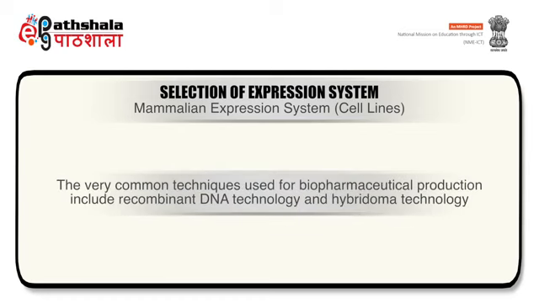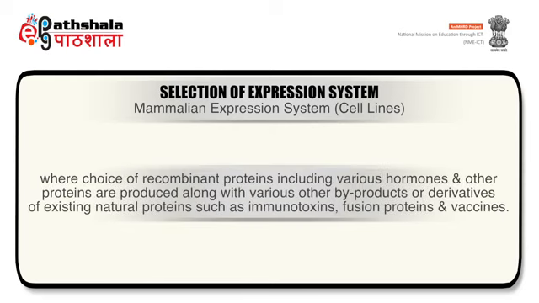The very common techniques used for biopharmaceutical production includes recombinant DNA technology and hybridoma technology, where choice of recombinant proteins including various hormones and other proteins are produced along with various other byproducts or derivatives of existing natural proteins such as immunotoxins, fusion proteins and vaccines.